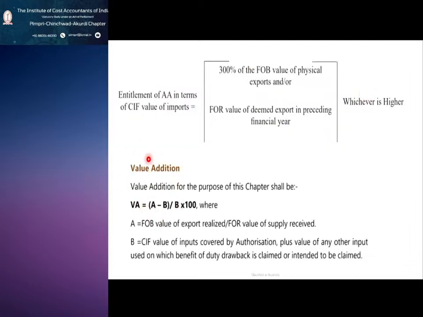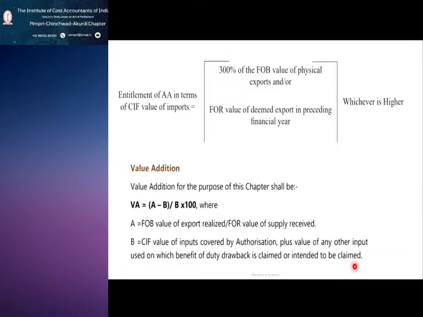Then value addition. So these are just formulas we need to remember here. Value addition for the purposes: FOB value of export realized or FOR value of supply received, minus the CIF value of inputs covered by authorization plus value of any other input used, if benefit of duty drawback is claimed or intended to be claimed.